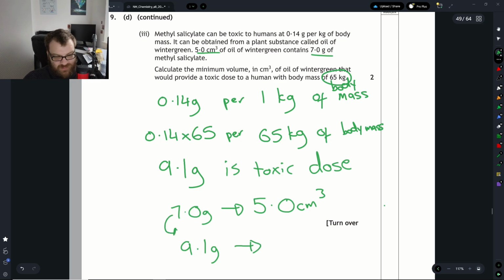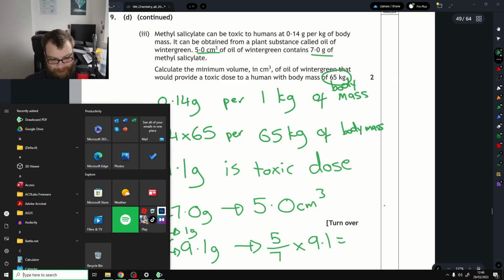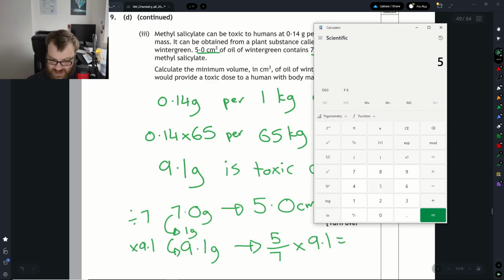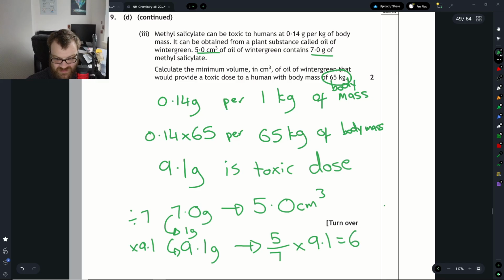I'm going to want to divide by 7 and times by 9.1. Do that to 5 over 7 times 9.1. Go to the calculator. 5 divided by 7 times 9.1 gives 6.5. Our correct answer.